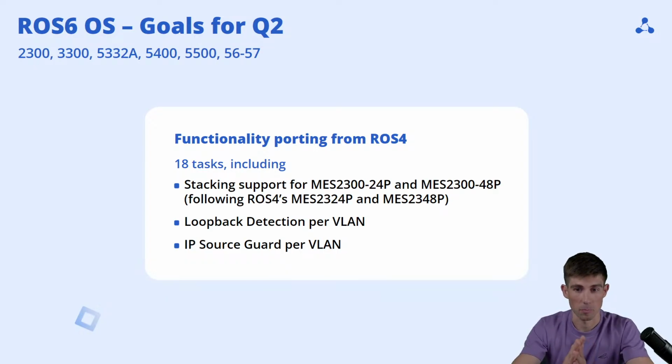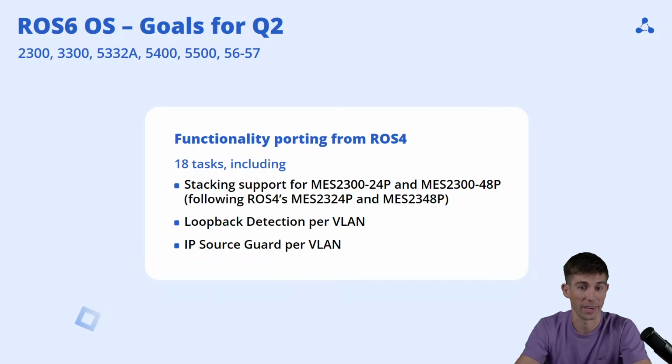And now we decided to port some of the ROS 4 functionality into ROS 6. So what we're doing is basically cherry picking some of the pieces of functionality that we find useful for our partners, and we move them to ROS 6. So this is an ongoing process.